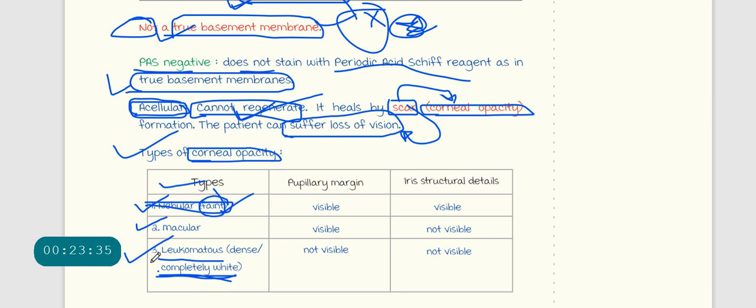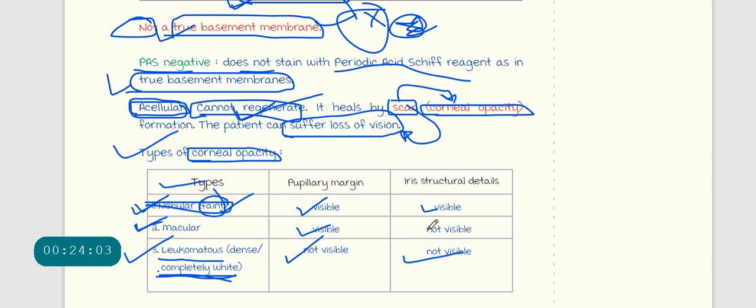Then comes your nebula. In this, vision is there, the pupillary margins are also there. In the macular type, there is vision but there is no visibility of the structures of the iris, and the pupillary margins are visible.